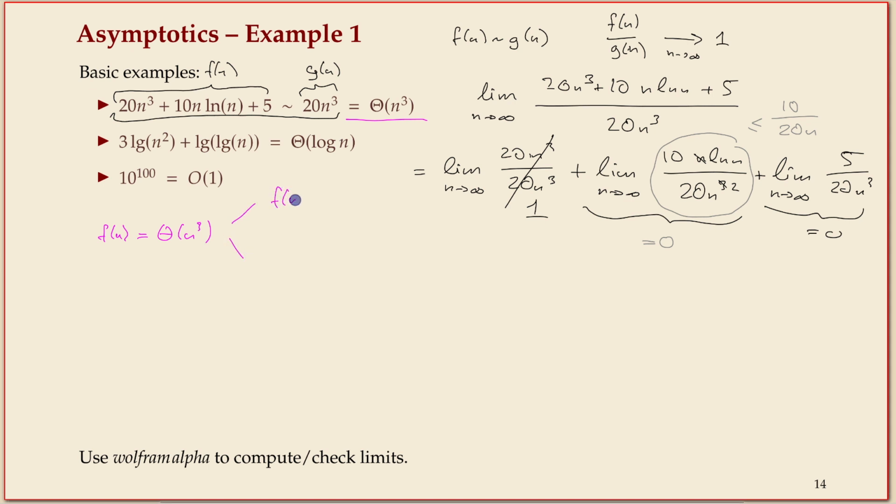It means f is O of this one, and omega of this one. For the first part, we have to show that f divided by n cubed stays bounded. And we've proven that it converges to 1. So it is asymptotically less than 1.